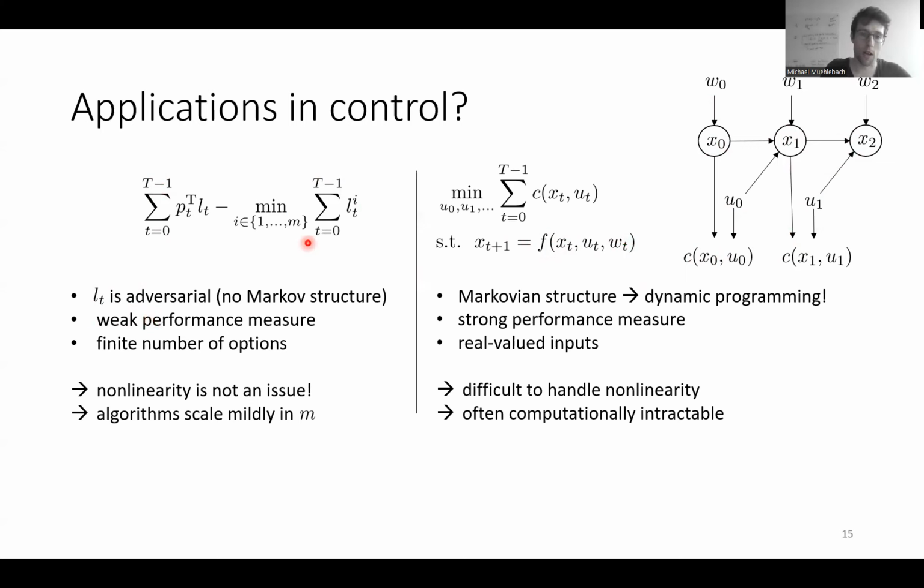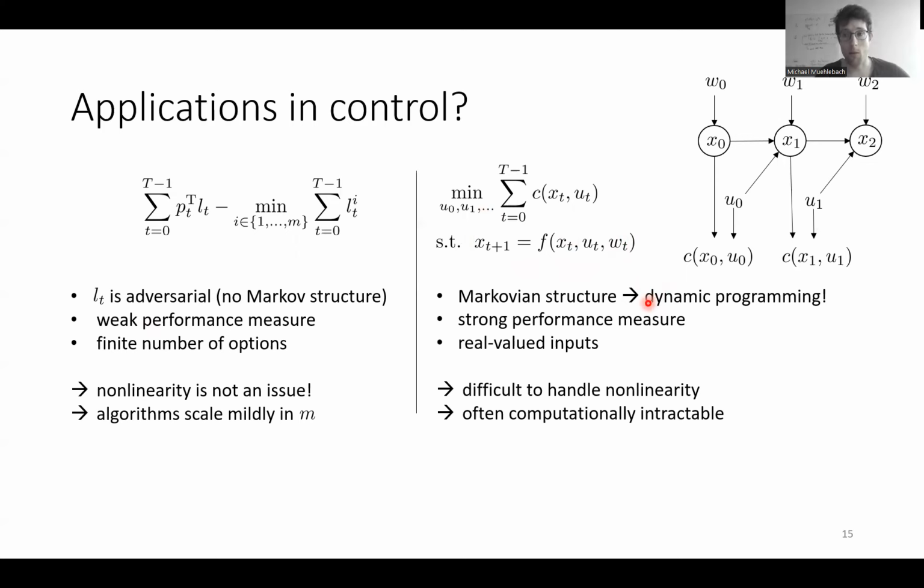Moreover, the performance objective that we have here is a relatively weak one, because we're just comparing against the single best action in hindsight. We're not allowing for switching between different actions. We're also assuming, of course, that there's finitely many options. But one important point to make is that in the controls world, we use dynamic programming, because this captures the Markovian structure well.